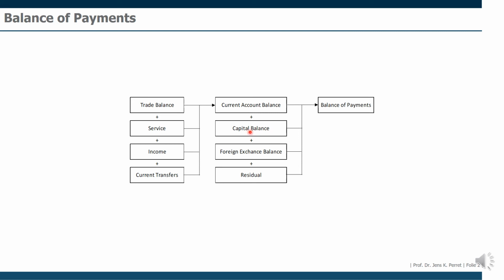That's portfolio investments. If, however, you do long-term strategic investments, greenfield, brownfield investments, if you start a joint venture, form a new subsidiary, a new company in a new country, that's long-term strategic investment. That's called foreign direct investment. And that's the second part of the capital balance. So the capital balance includes the portfolio balance and the net foreign direct investments.